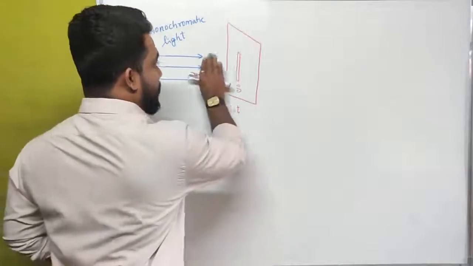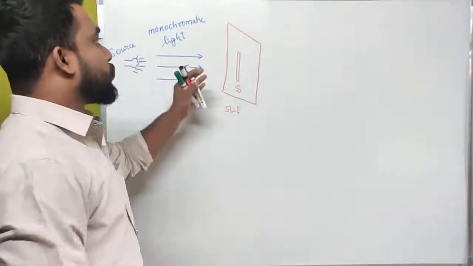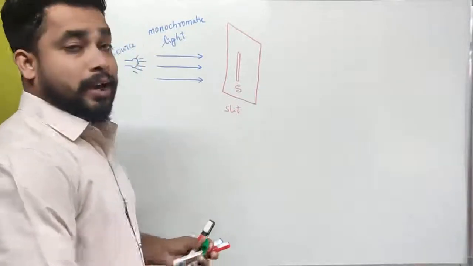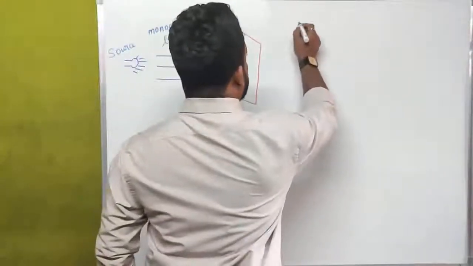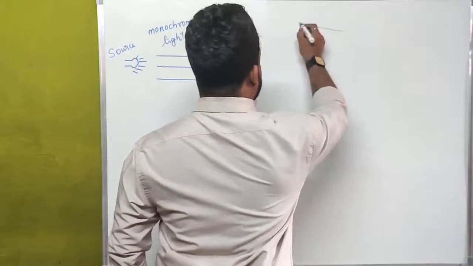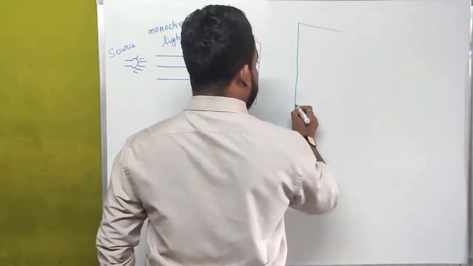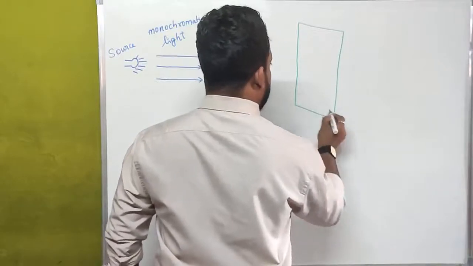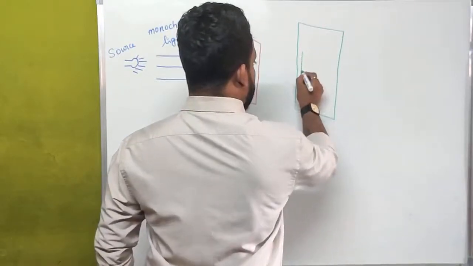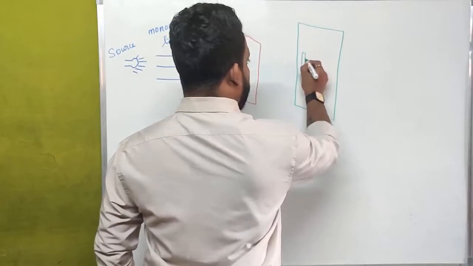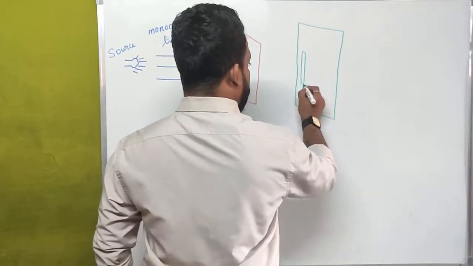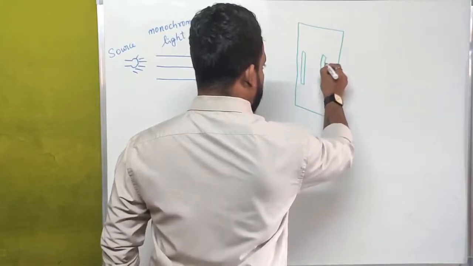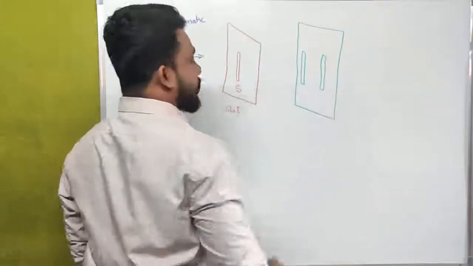Once the light rays pass through this slit, we have another screen consisting of two slits.